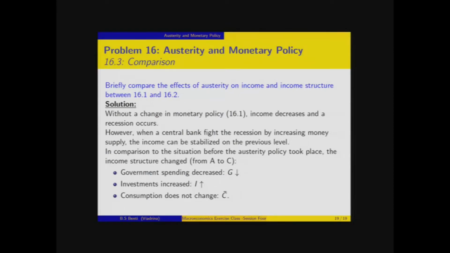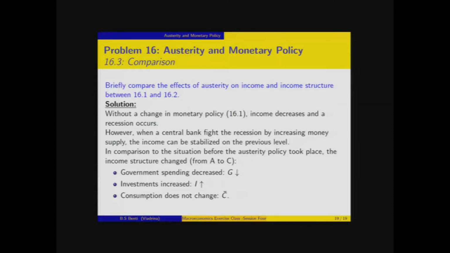So this is again to compare the two scenarios, where first a contractionary fiscal policy resulted in a reduction of income, and then the central bank reacted to this reduction of income by undertaking an expansionary monetary policy, where our LM curve shifted outwards.